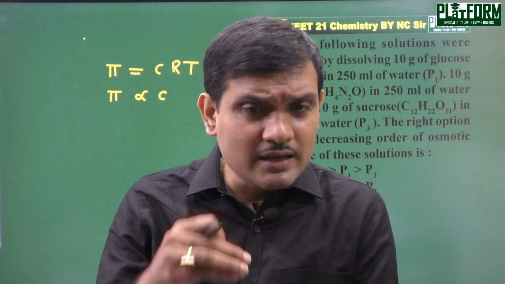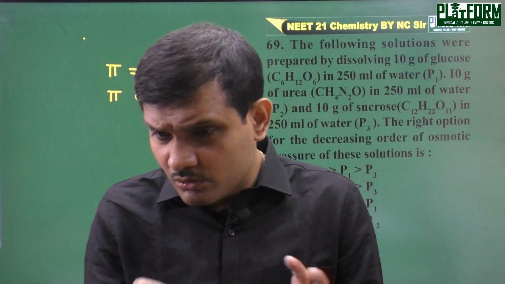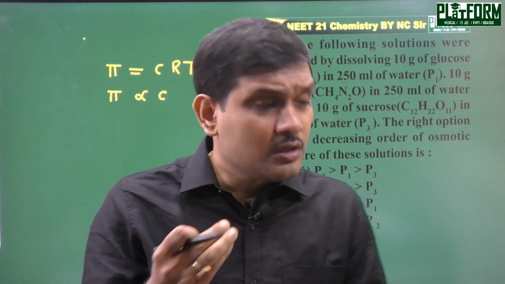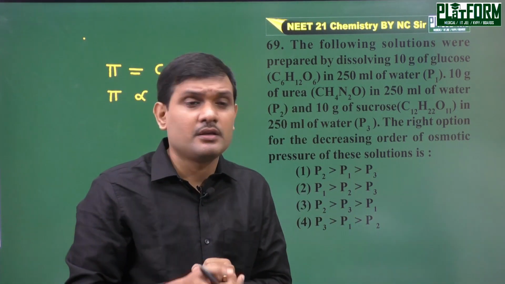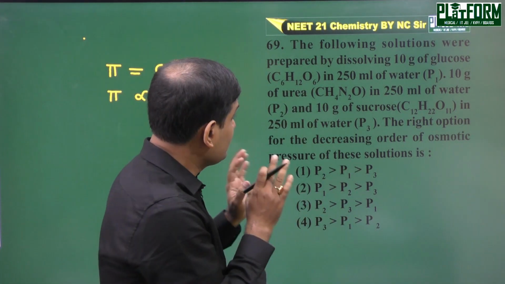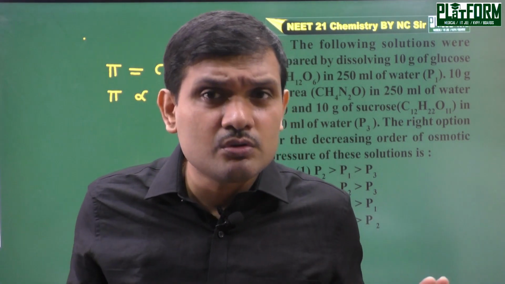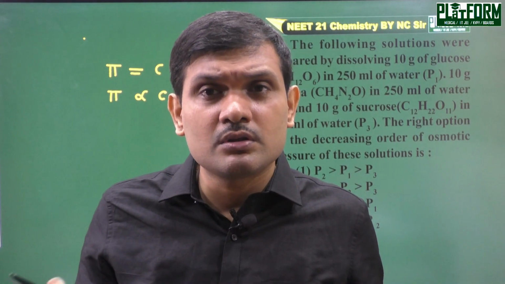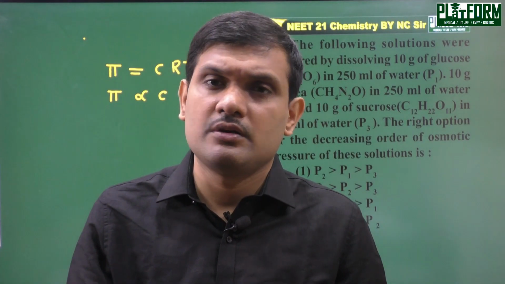But this question can be solved in a much easier way without going through the calculations. If you find the concentration in each case, it will take time. But if you just understand the situation, the volume of the solution in all the cases is definitely 250 milliliters, so it is the same.